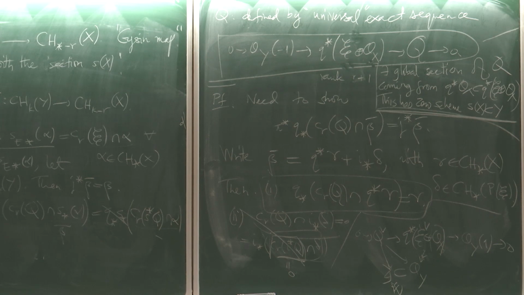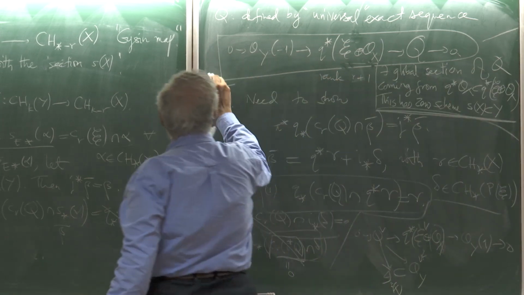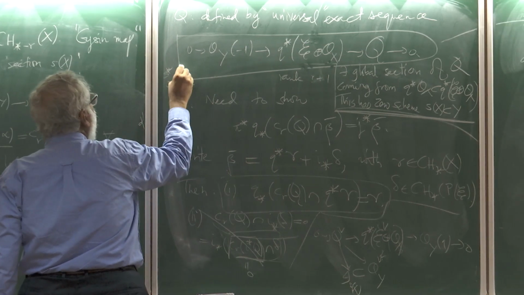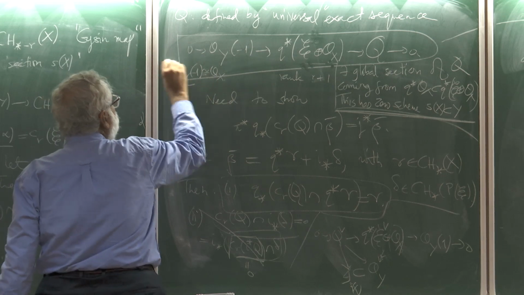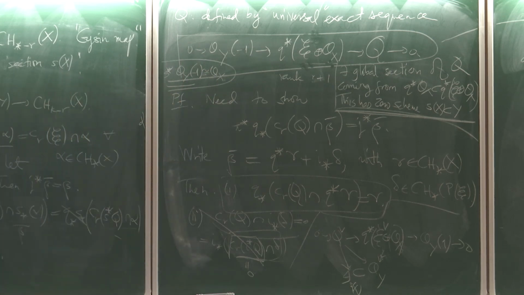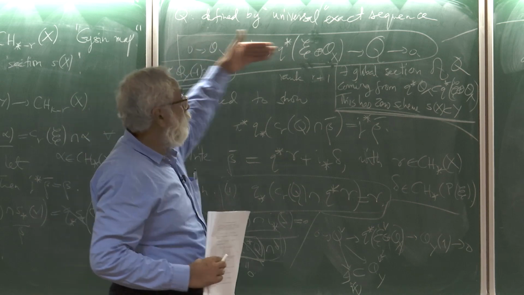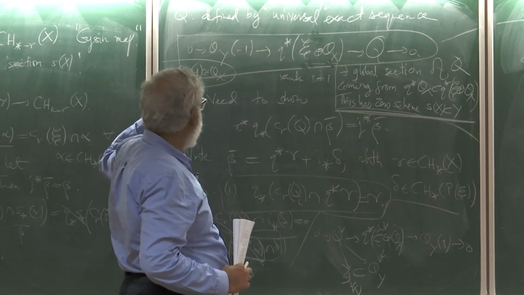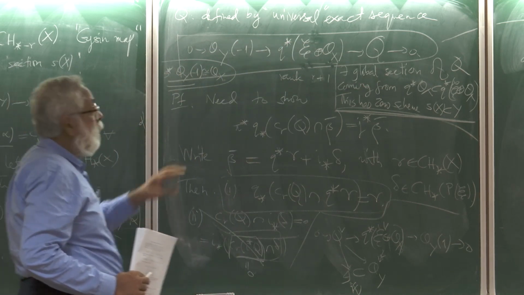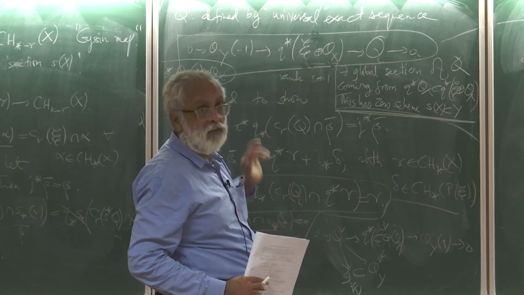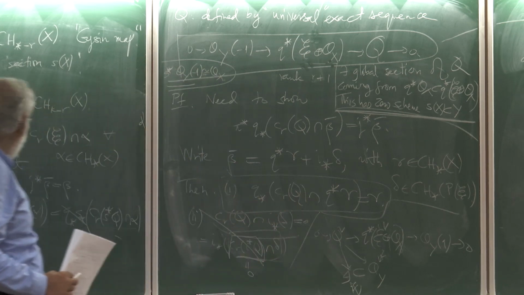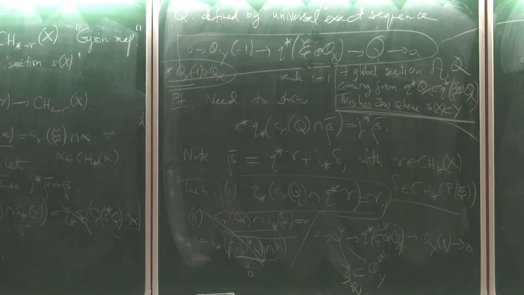So restricting to the zero section, which is in the complement, this becomes the trivial bundle. So S upper star OY of -1 is isomorphic to OX. And therefore, when I restrict everything, pull everything back under S, the Chern class of Q pullback are the same as the Chern class of E. That's why the formula here had E instead of Q. So this is the proof of this particular lemma.